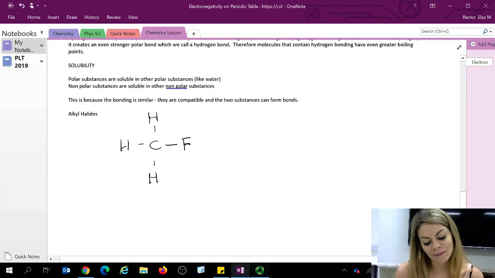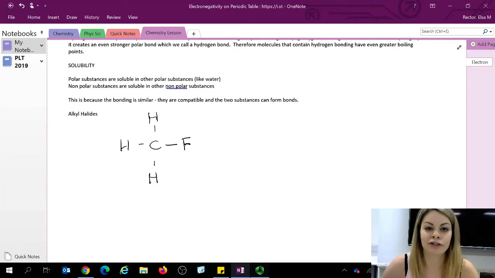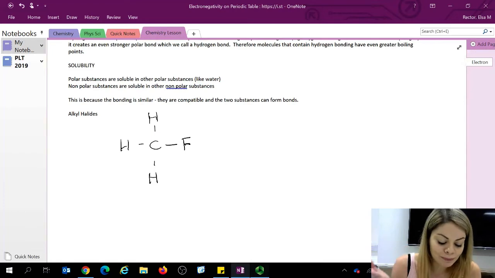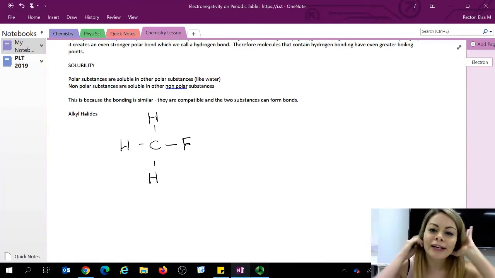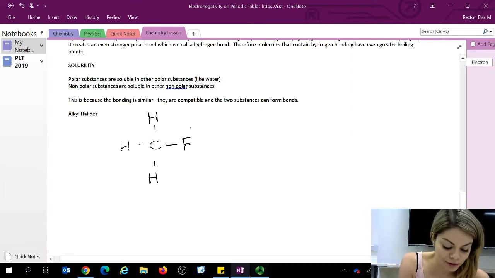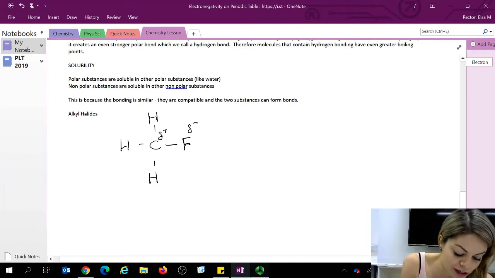Now suddenly this isn't symmetrical like methane is, because one end has fluorine, which is ridiculously electronegative, and the other end has hydrogen, which is relatively electropositive. So we're going to get a partial negative charge on the fluorine, and a partial positive there.